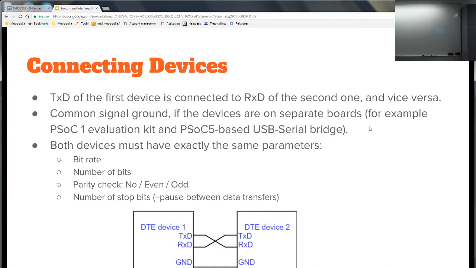There is no general bit rate that should be used in the first place, but say 9,600 bits per second or 19,200 bits per second seem to be the most common ones. But of course you need to check that from the data sheets. Okay, then the parity check.